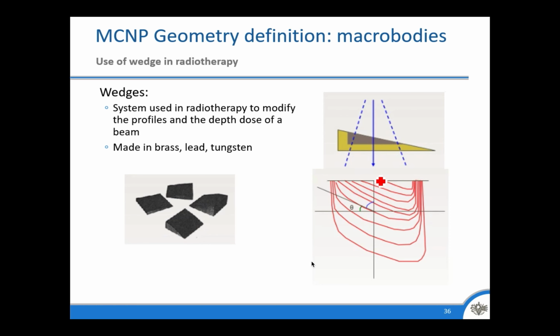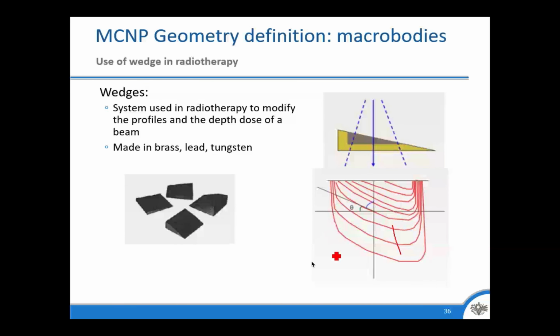And the idea is to put it inside the beam in order to modify the shape of the isodose. And so in that case, for instance, you want that the depth dose given by your beam is higher in that part of the tumor or the body than in that part.